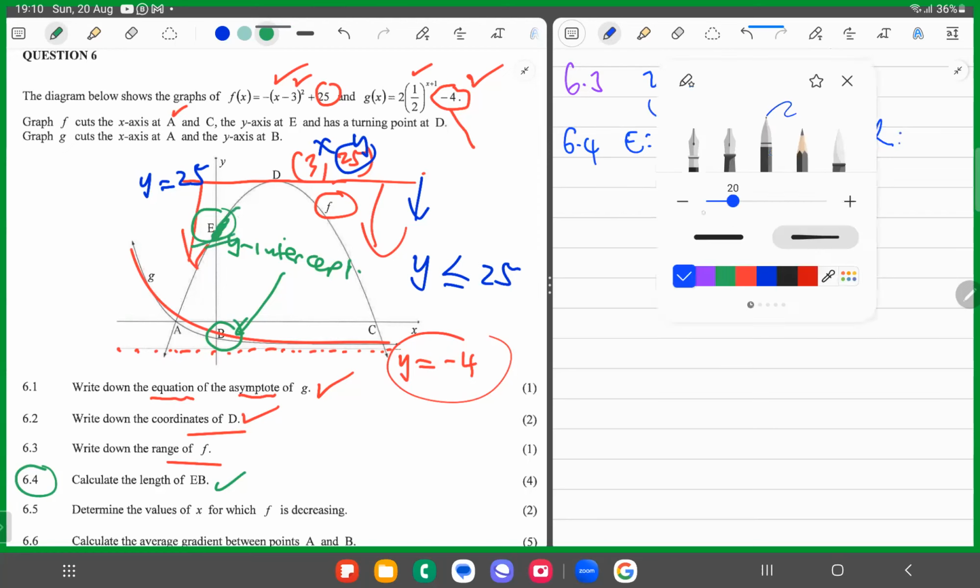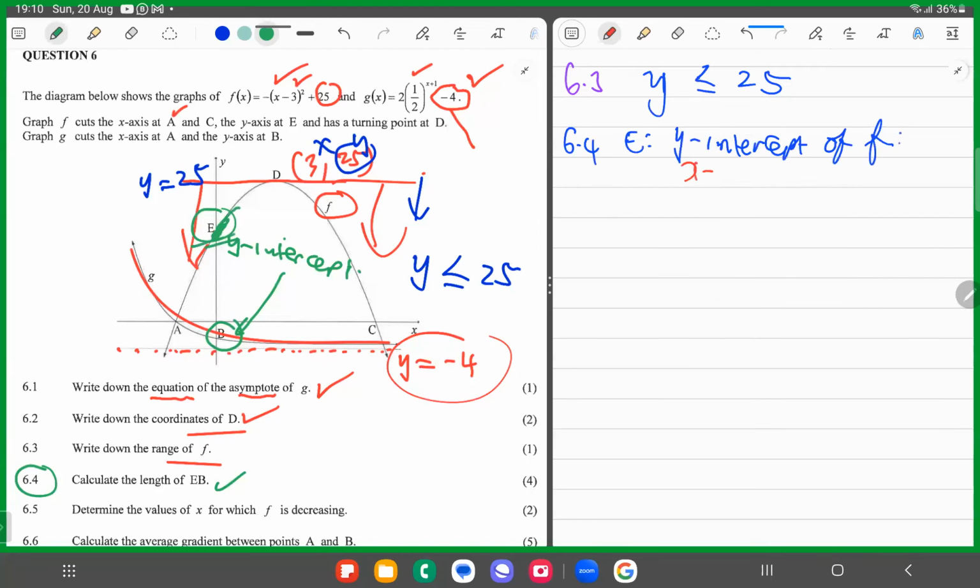How do you get the y-intercept? You let x be 0. So now that would mean x is 0, and if that is true, f of x... So the y-intercept when x is 0, you substitute: you have 0 minus 3 squared plus 25.